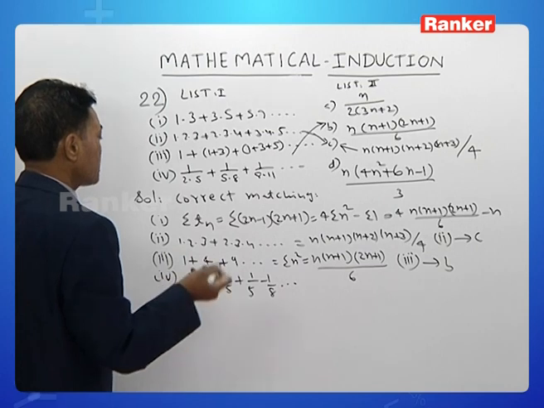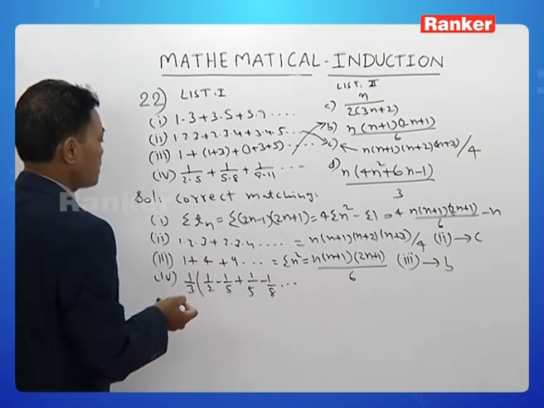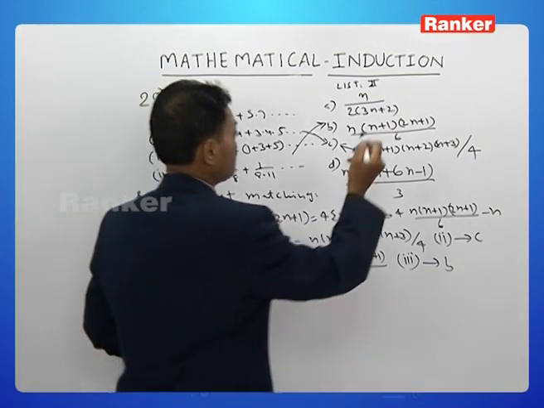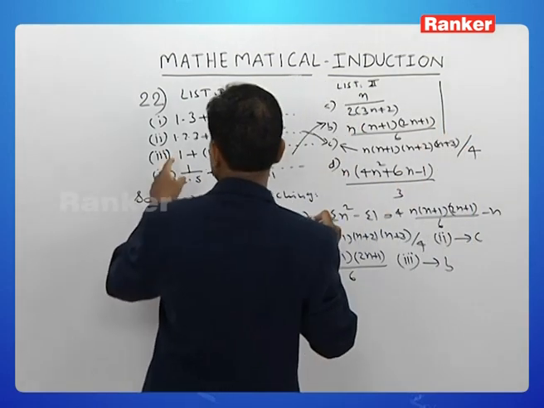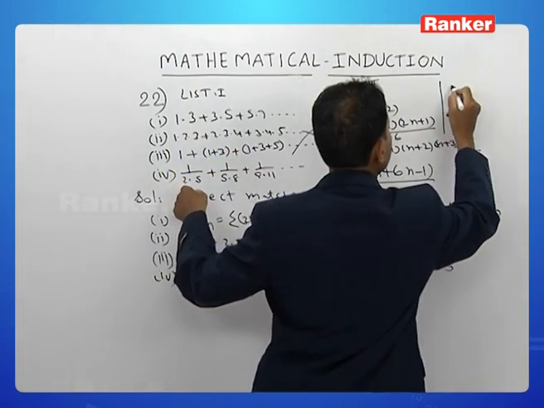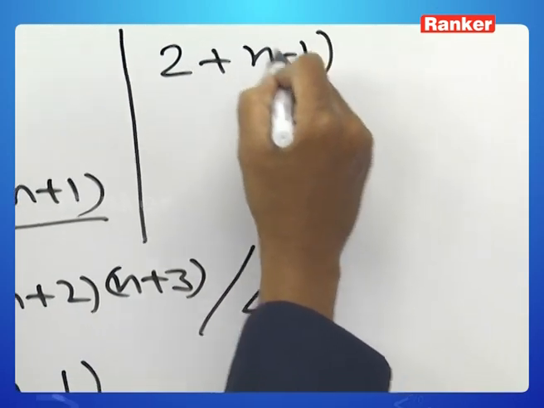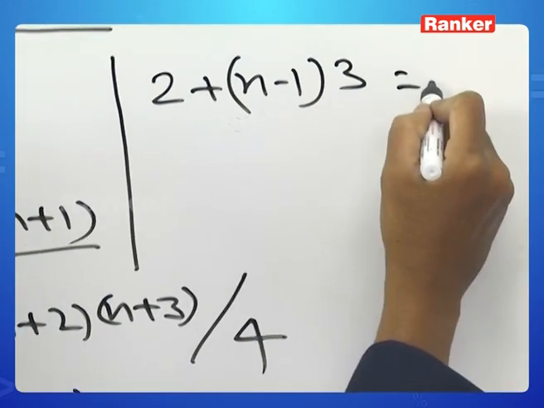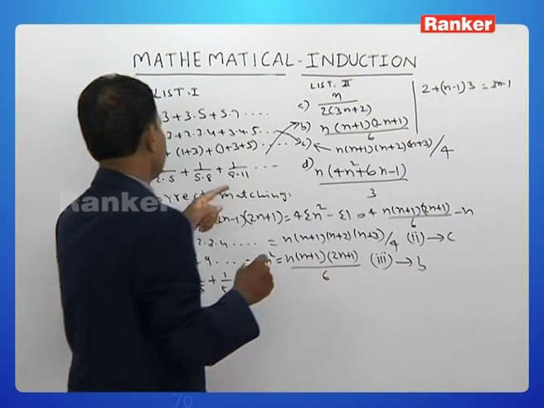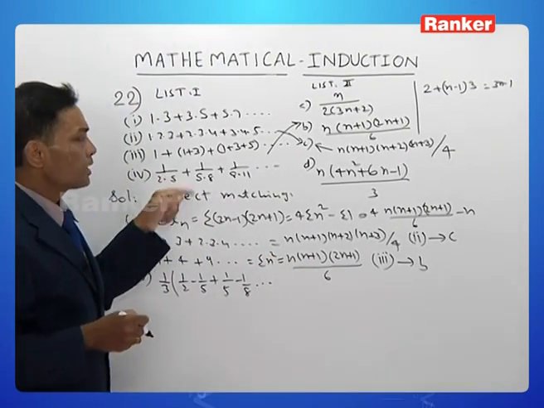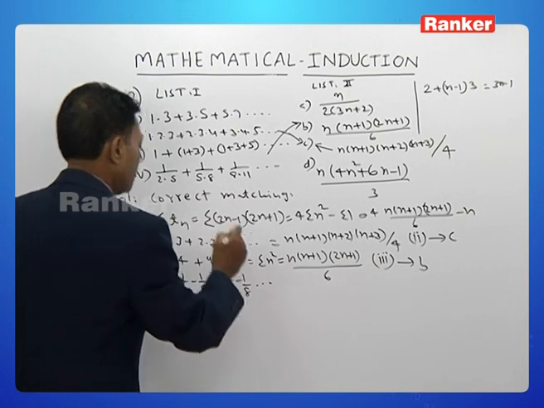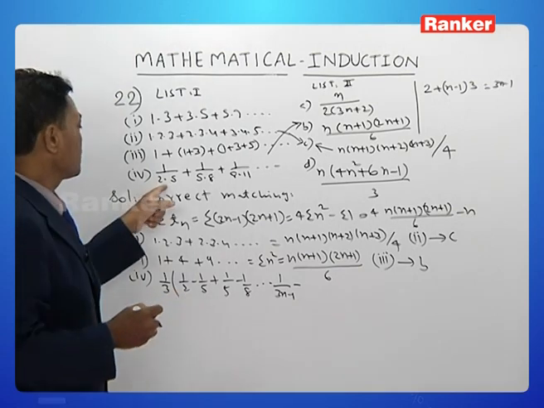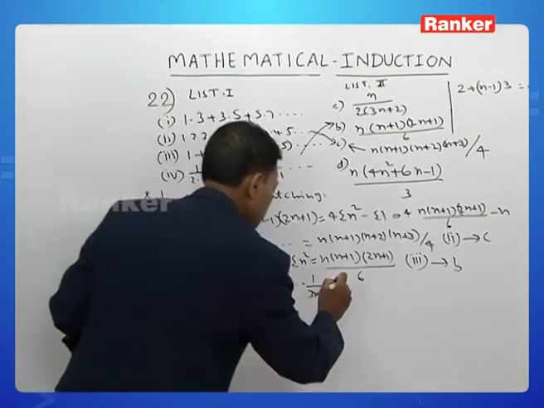So, 2 plus n minus 1 into the difference 3, so 3n minus 1. If you put n is equal to 1, you get 2. If you put n is equal to 2, you get 5. So, the last one is 1 by 3n minus 1 minus, and since the difference is 3, we add 3: 3n plus 2.